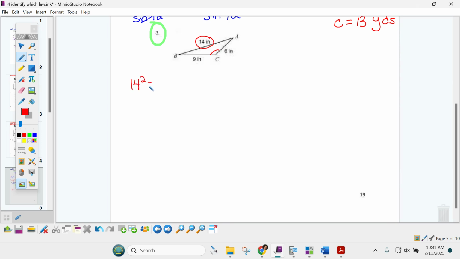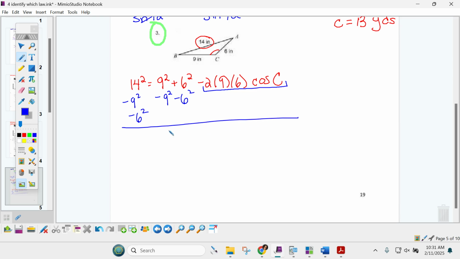So 14 is isolated on its own side of the equal sign. These are all attached. You cannot separate them. Instead, we're going to subtract these values to the left.